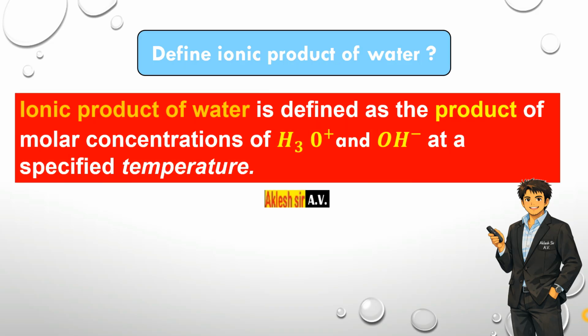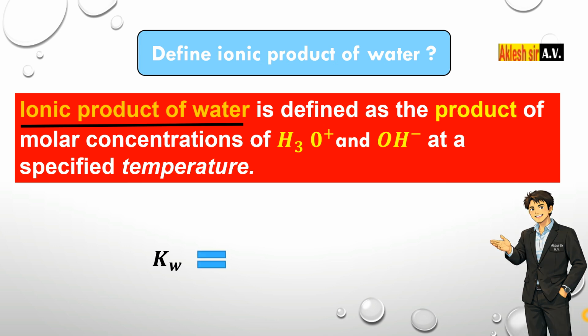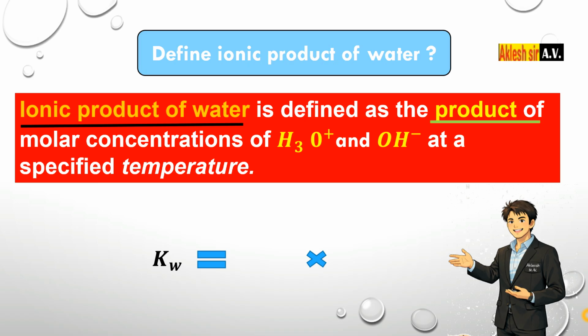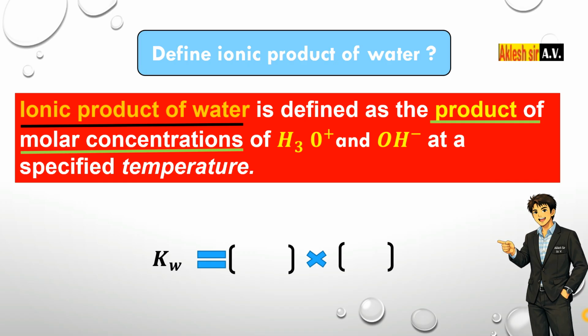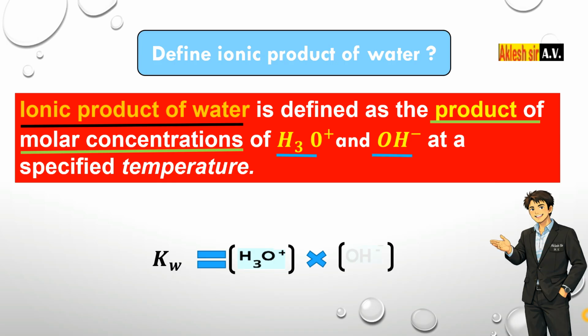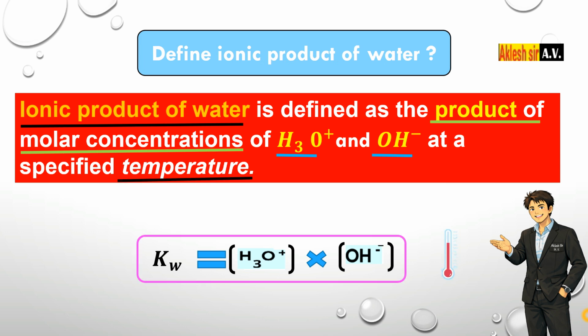Ionic product of water, Kw, is defined as the product, meaning multiplication, of the molar concentrations, denoted by square brackets, of hydronium ion, H3O plus, and hydroxide ion, OH minus, at a specific temperature.